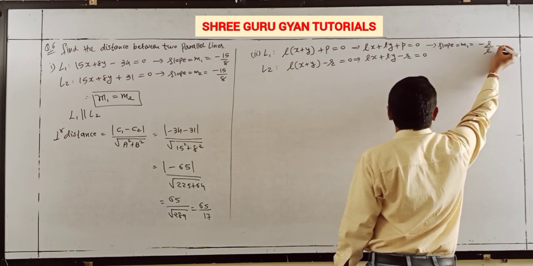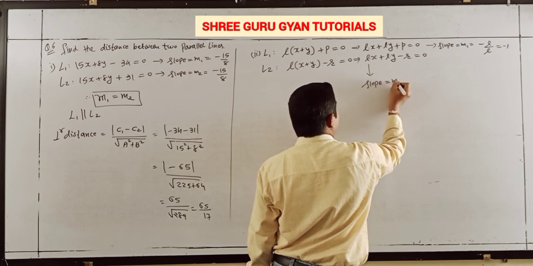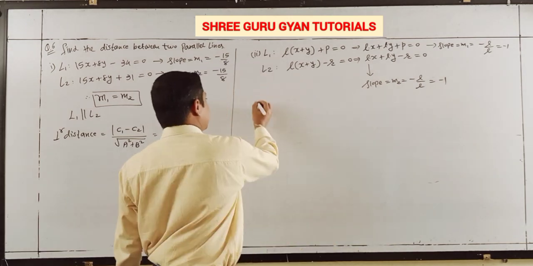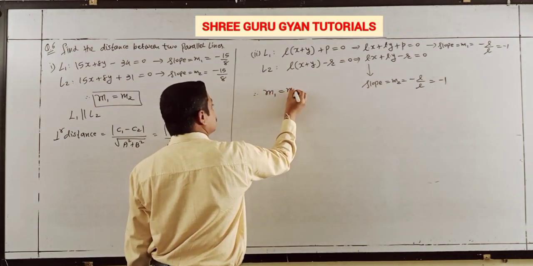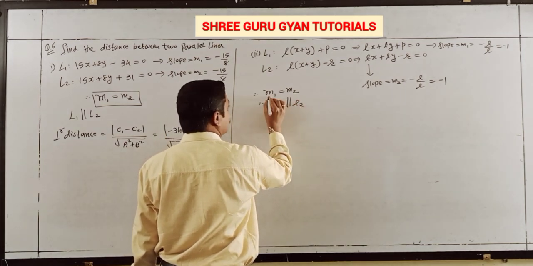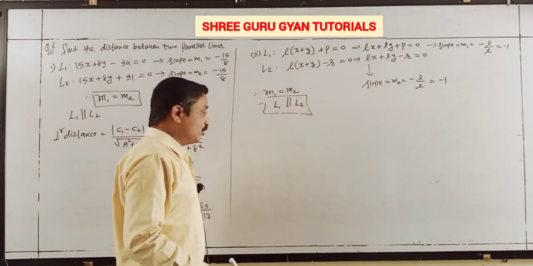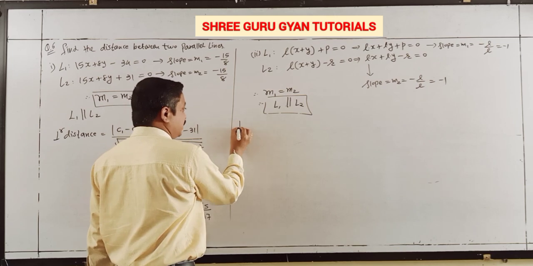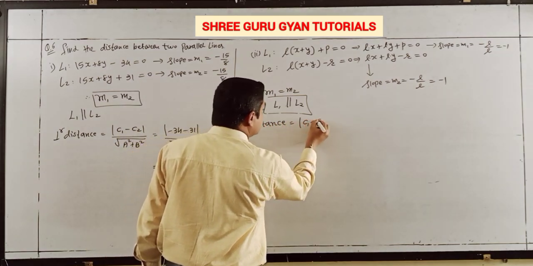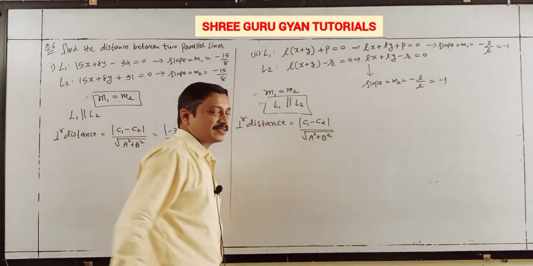Check here. Slope m1 is minus a by b, same as here students. Slope m2 is minus a by b, both the same. That's why I say m1 is equal to m2, L1 is parallel to L2. I mean, these two lines are parallel, students, you will write down parallel. The formula is the same. Therefore the perpendicular distance between them is c1 minus c2 by under root a square plus b square.